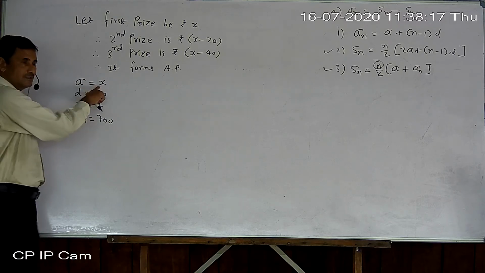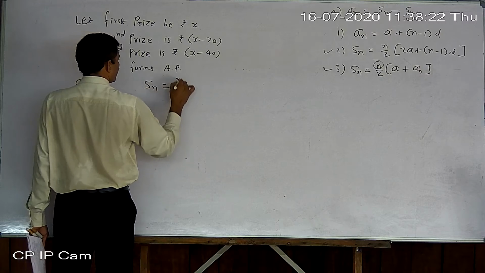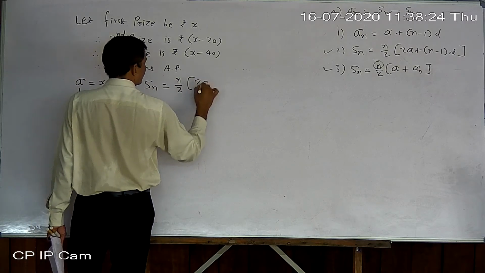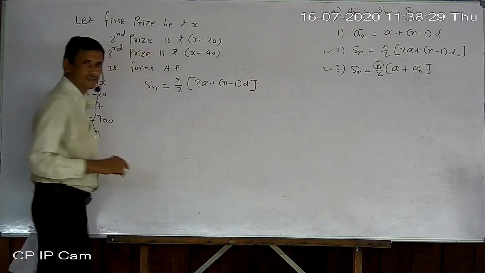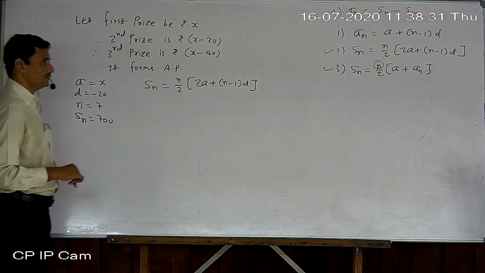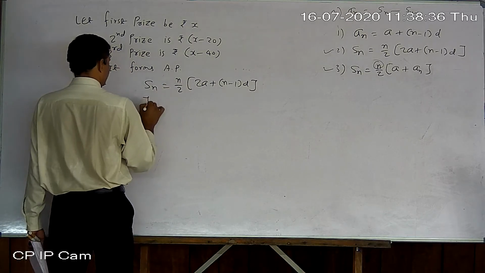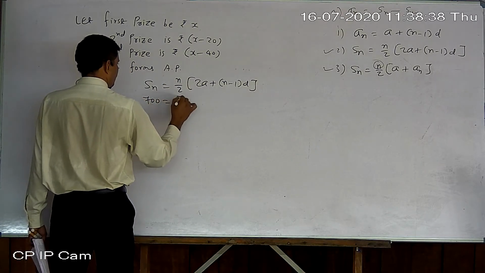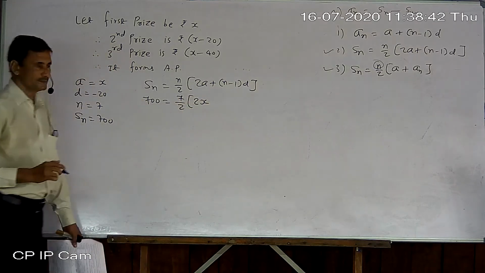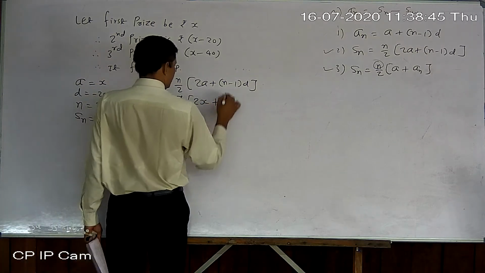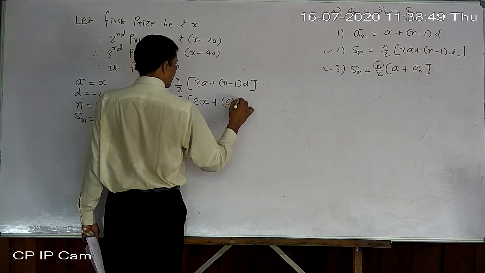That we will suppose. Okay, so write down Sn equals n by 2 into (2a plus (n minus 1) d). We cannot use the last-term formula because the last term is also unknown, and the first term is also unknown. So now write down here 700, n is 7 divided by 2, a is supposed x, n is 7 so n minus 1 is 6, and d is minus 20.